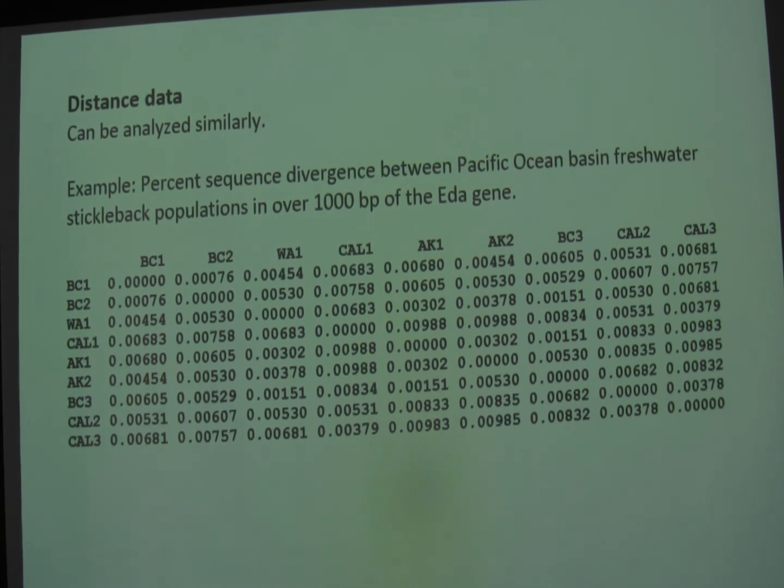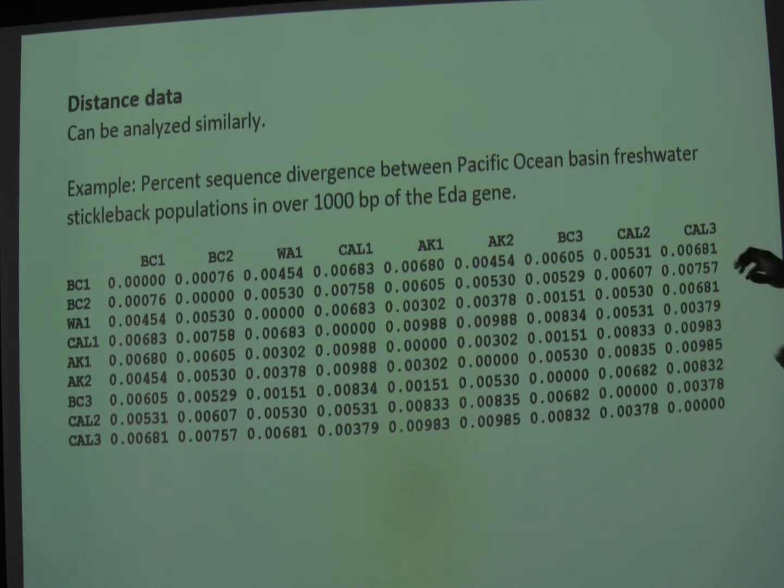So ectodysplasin is the gene that is mainly responsible for the reduction in the number of bony armor lateral plates. So whenever stickleback colonize fresh water, they tend to lose their bony armor. And EDA is the major gene associated with that shift.